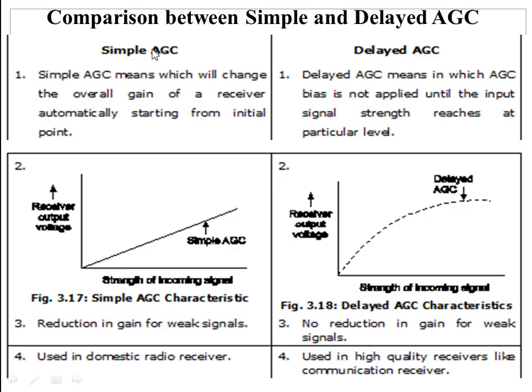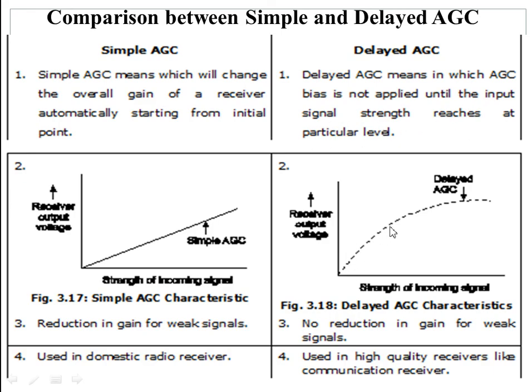Next, what is the difference between simple AGC and delayed AGC? Simple AGC changes the overall gain of a receiver automatically, starting from the initial point. Starting from the initial point onwards, the gain will be reduced. But delayed AGC is not applied until the input signal strength reaches a particular level.